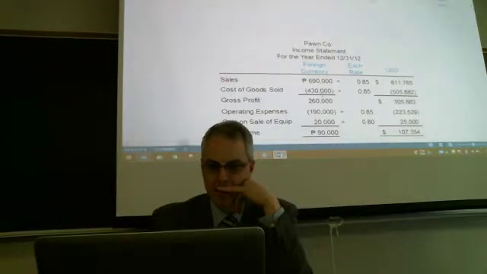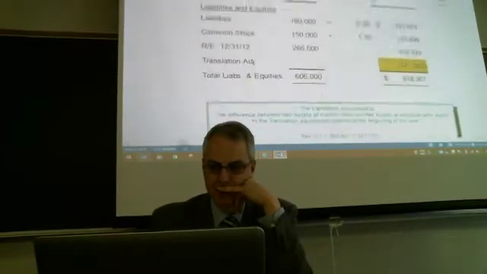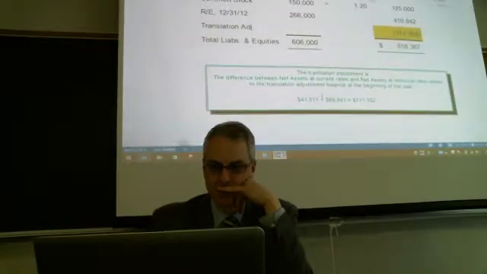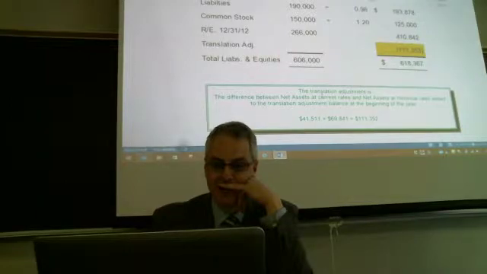I think the 41 is a plug. The difference between net assets at current rates and the net assets at historical rates, added to the translation adjustment balance at the beginning of the year.